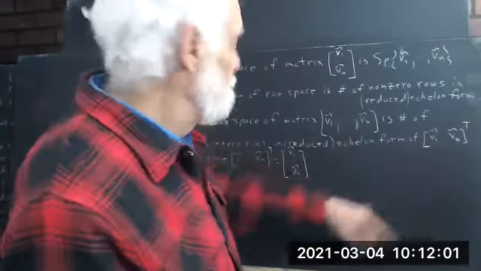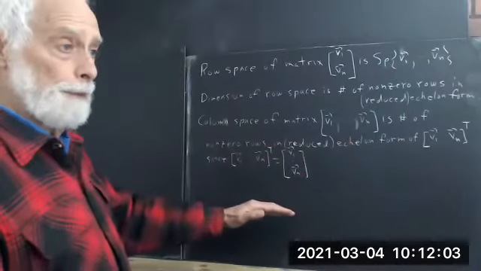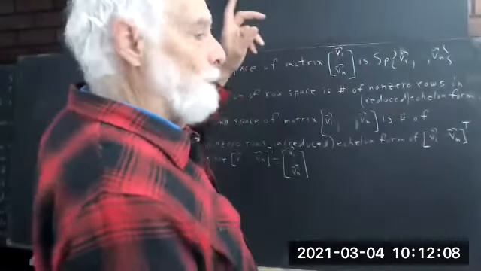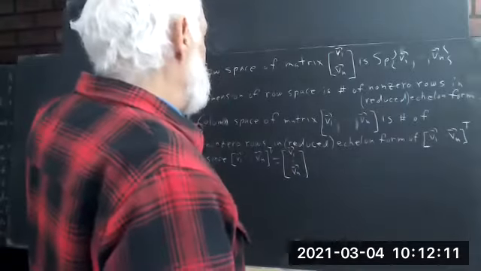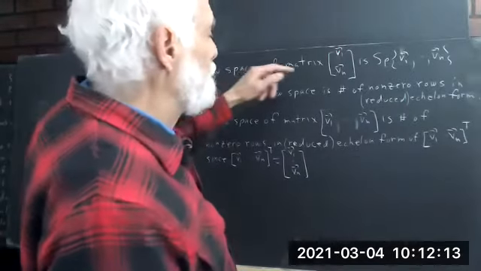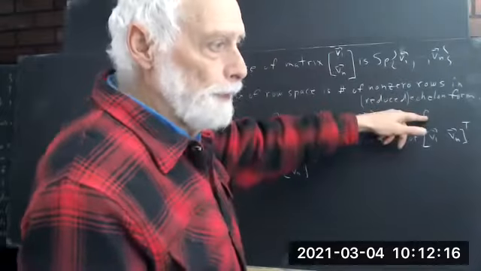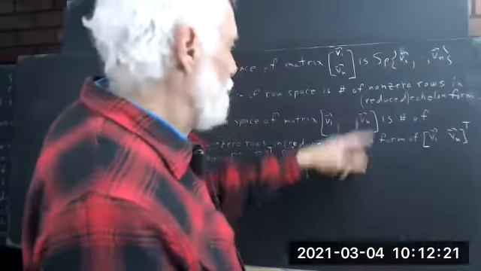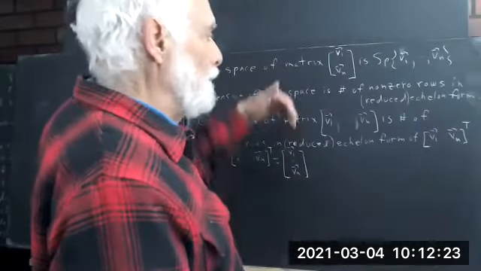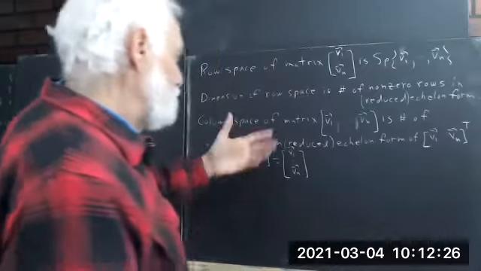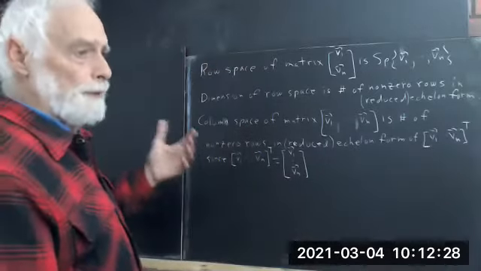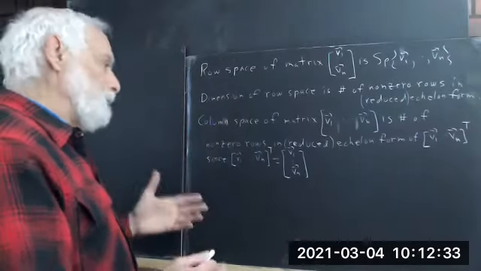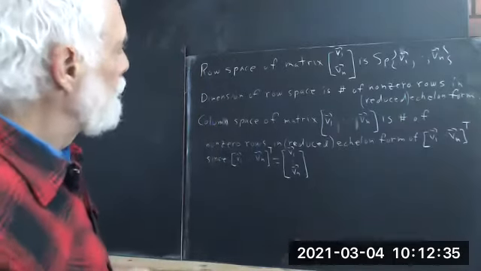You take the transpose, those column vectors become your row vectors. And what we just said about row vectors is that the dimension of the space is number of non-zero rows in the reduced echelon form. And if you understand what's been done here, that's the same as the number of non-zero columns in this vector. So it's totally equivalent. There's a total equivalence between what you do here and what you do here. And you want to sort that out a little bit. Okay.